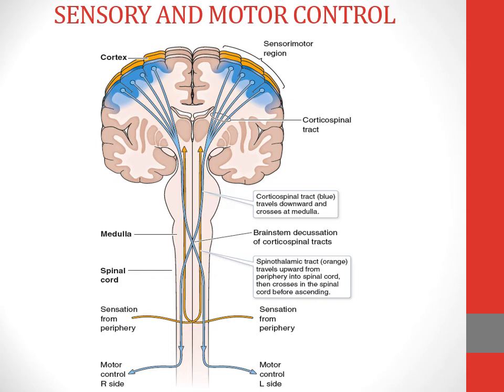And in the spinothalamic tract, they're going to go up to the sensory cortex, which is in the parietal lobe. Okay, so if you look at that first slide, you'll see that sensation is in the parietal lobe, so in the sensory cortex, and movement or the motor cortex is in the frontal lobe.